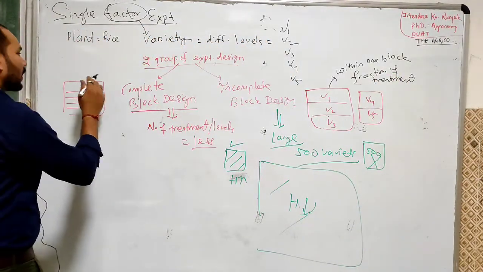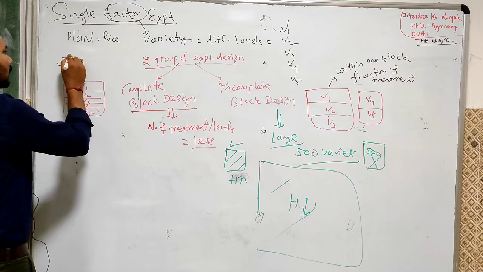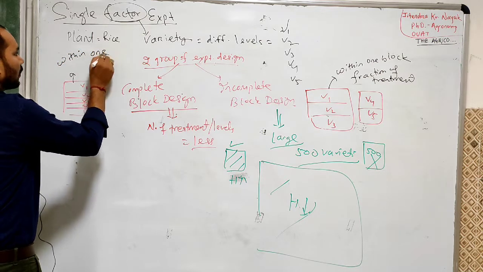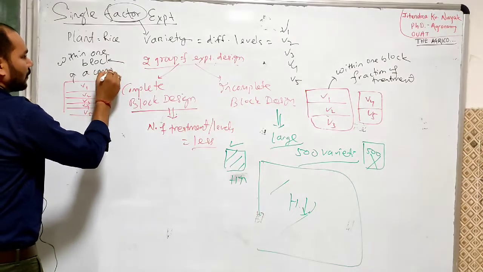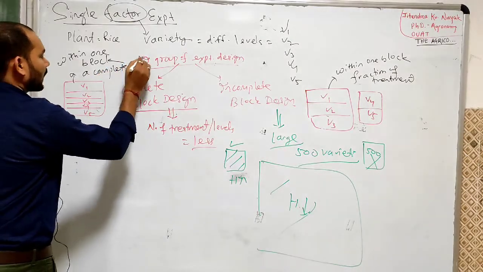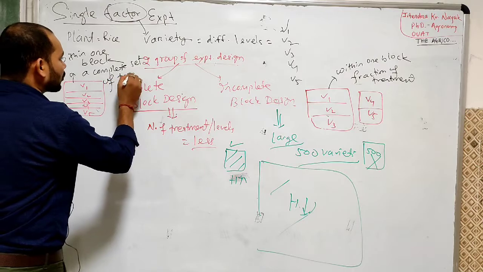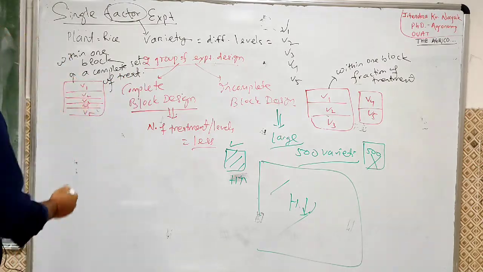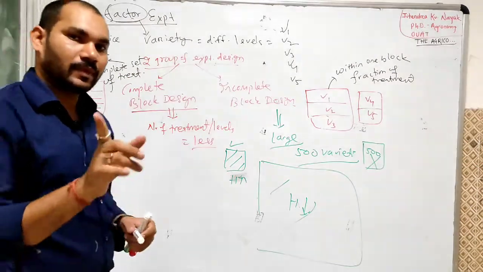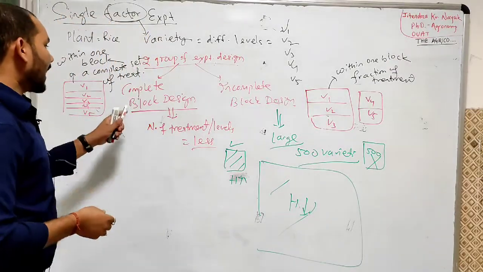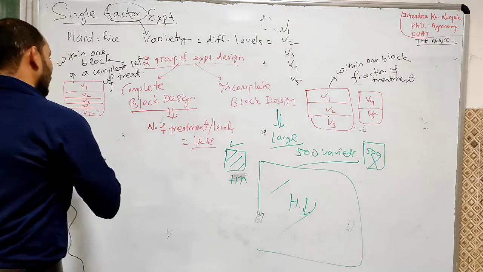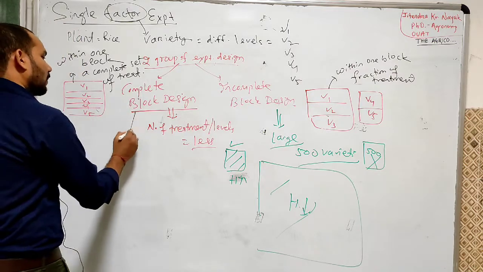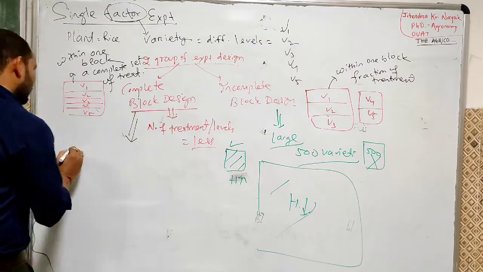But in complete block design, within one block a complete set of treatments would be there. Okay, so very good. Now, what are the examples of complete block design? Here, remember, in case of complete block design, we can go for three designs.